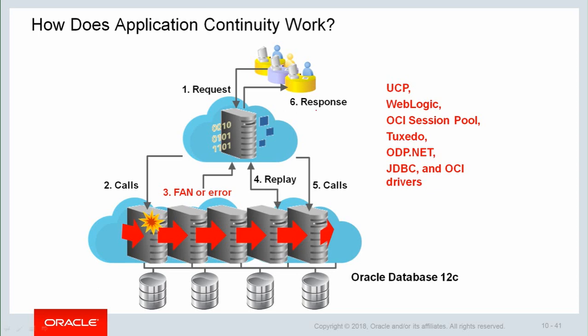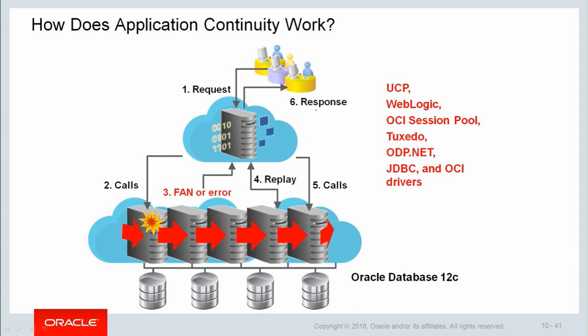If you have application continuity supported connection pools and clients like UCP and WebLogic, OCI session pool, and .NET, JDBC, and OCI drivers, then we can take advantage of application continuity. Number one, the user requests a certain set of operations and database calls are issued to the database.